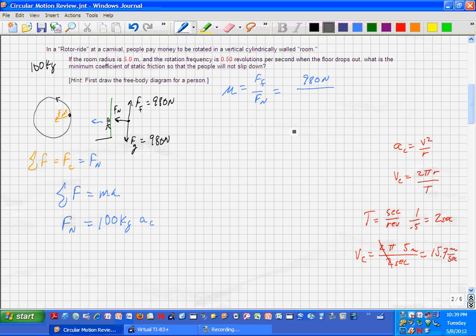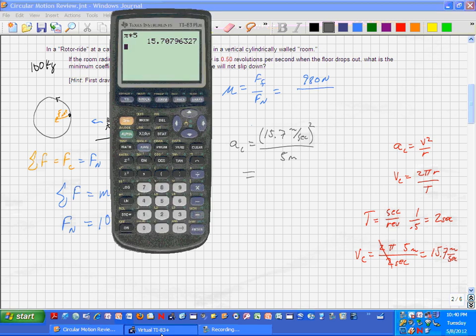So then I would go ahead and find the acceleration by squaring that. So I've got over here, acceleration centripetal is going to be equal to 15.7 meters per second squared over the radius, which is 5 meters. So let's do this. I'm going to square the answer. And then we're going to divide that by 5.